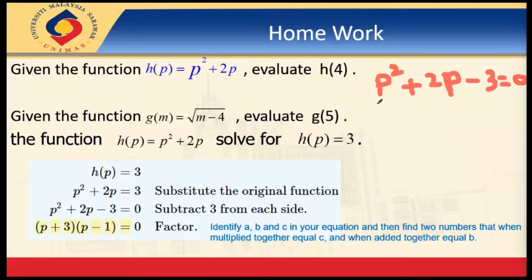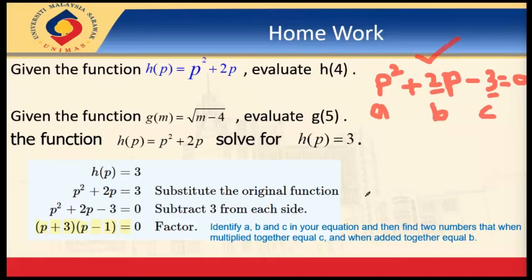If we replace p by a, meaning p equal to a, then what will be b? Only 2 left and 3 left, because p equal to a. So let's suppose 2 equal to b and 3 equal to c. We identified a, b and c in this equation.